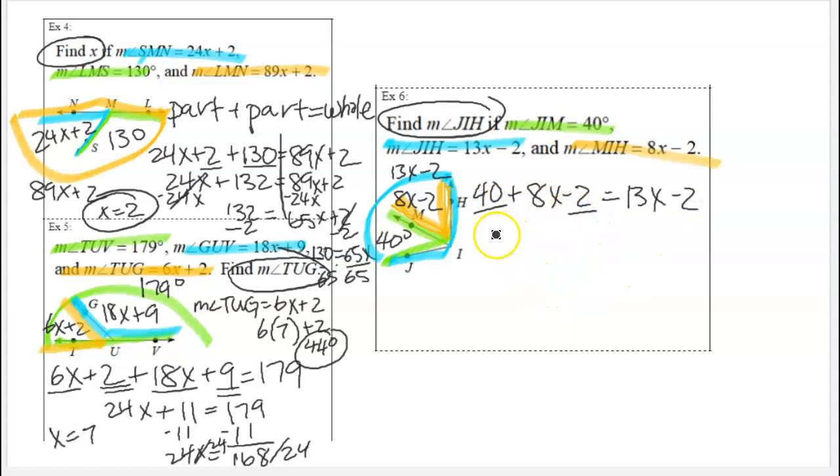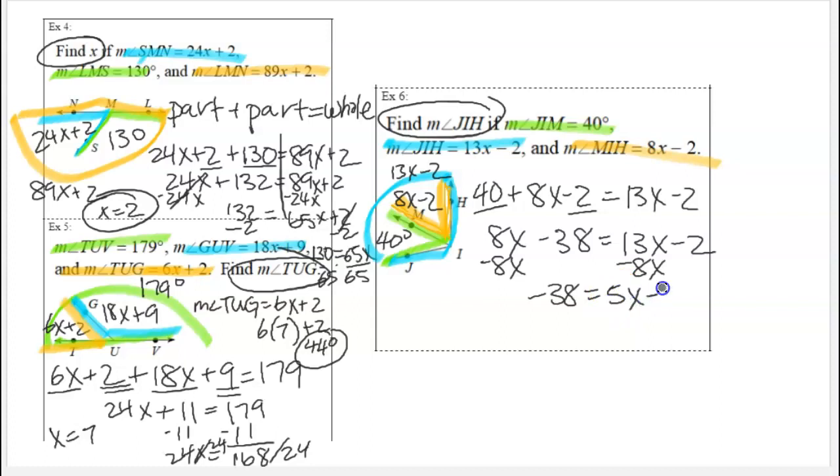Time to collect my like terms. This is 8x plus 38 equals 13x minus 2. Move my variable over to the same side, and I get negative 38 equals 5x minus 2. Right, yeah, 5.